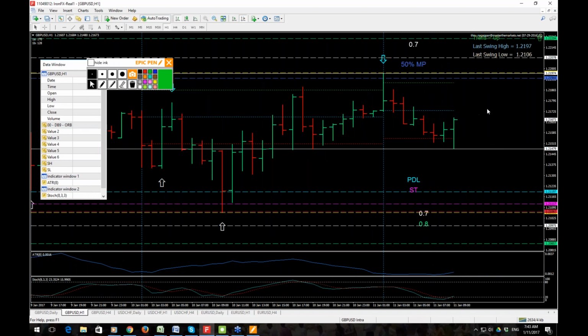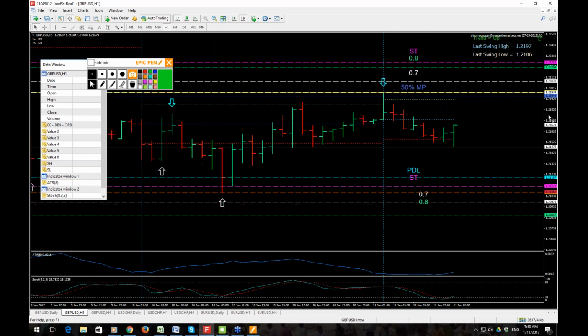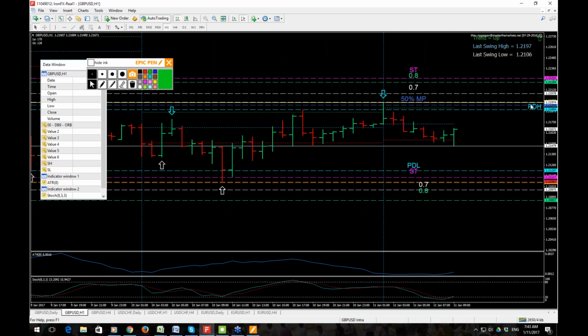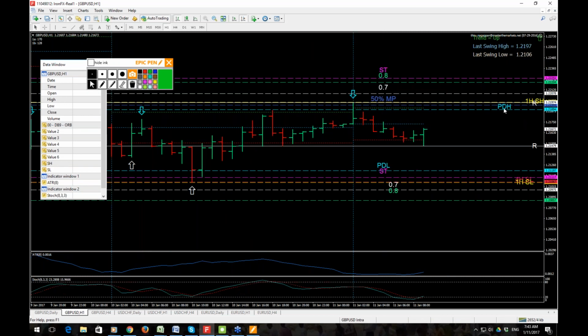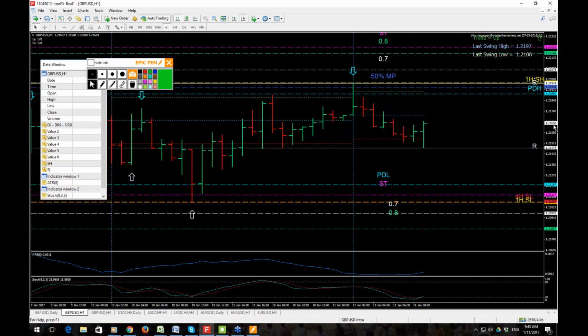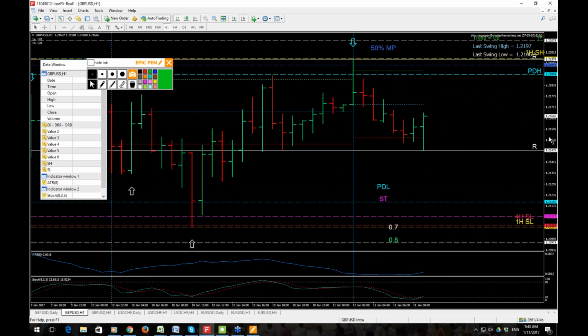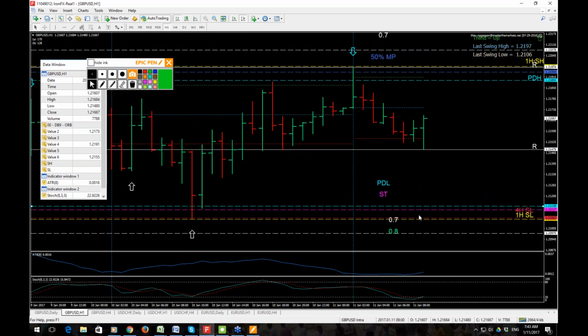The previous day's high is from yesterday, so I'm going to bring it all the way down here, and we get the previous day high over here. And finally, the previous day's low is just here and also here as well.